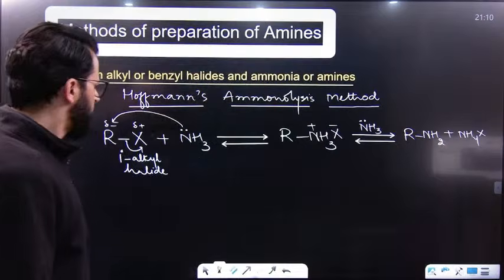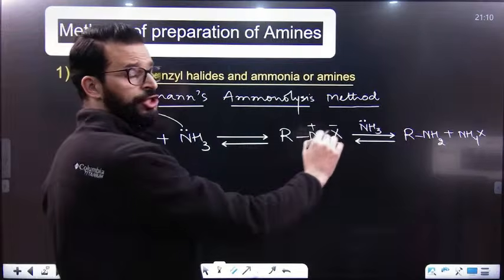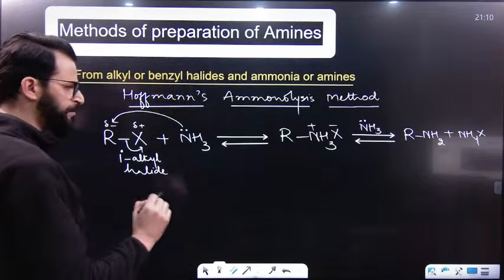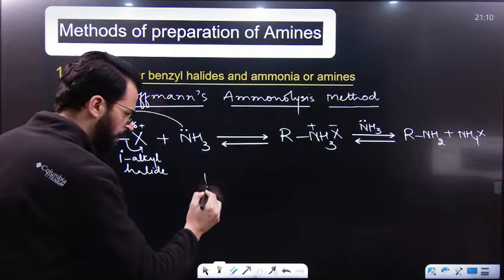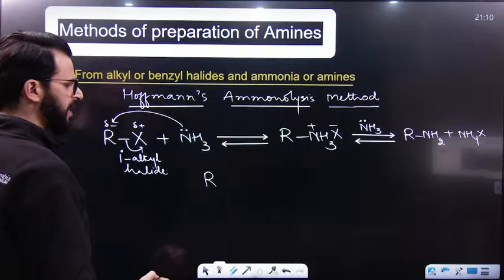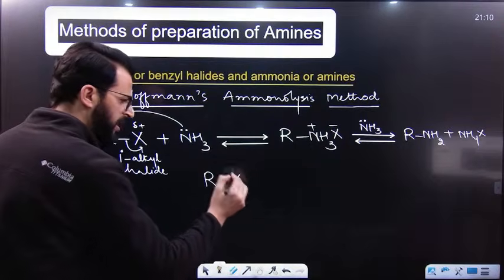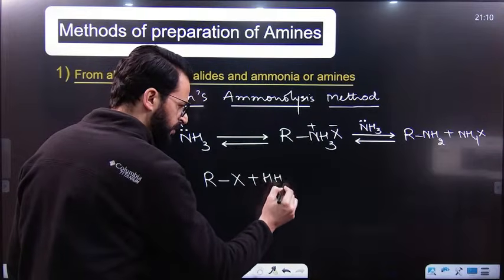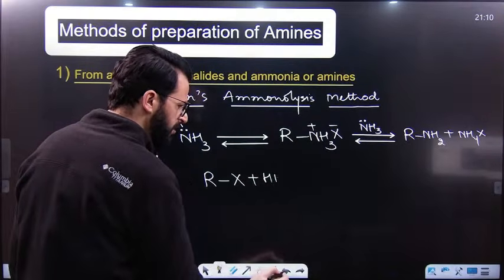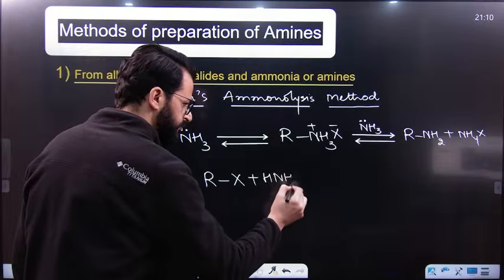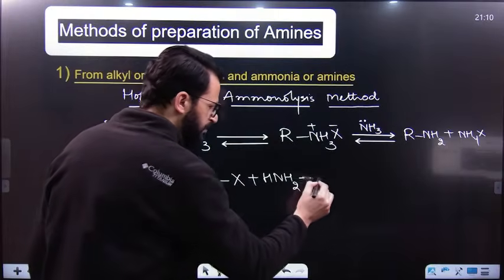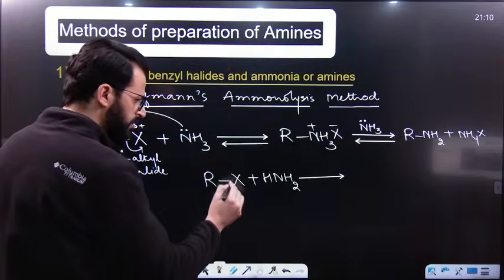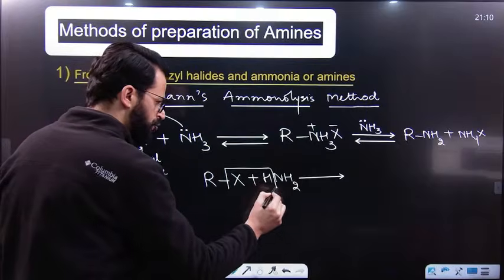But let me tell you, this is the actual mechanism, but we can simply write down this in one step like this. We will write down alkyl halide. We will write down ammonia in this fashion. Now, after that, we will simply form HX over here.